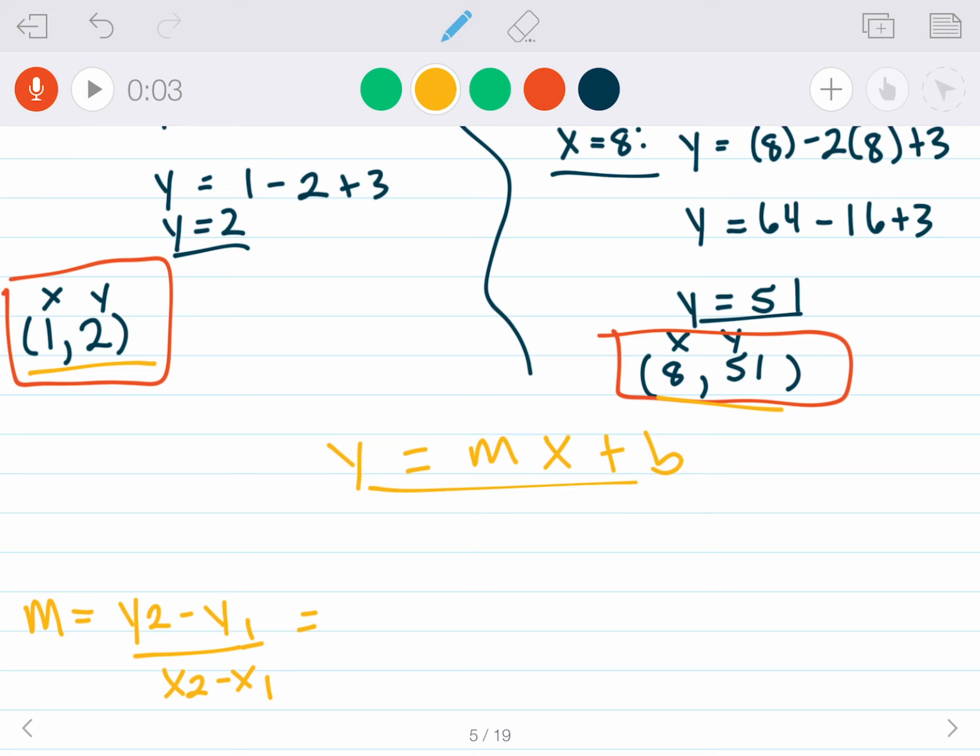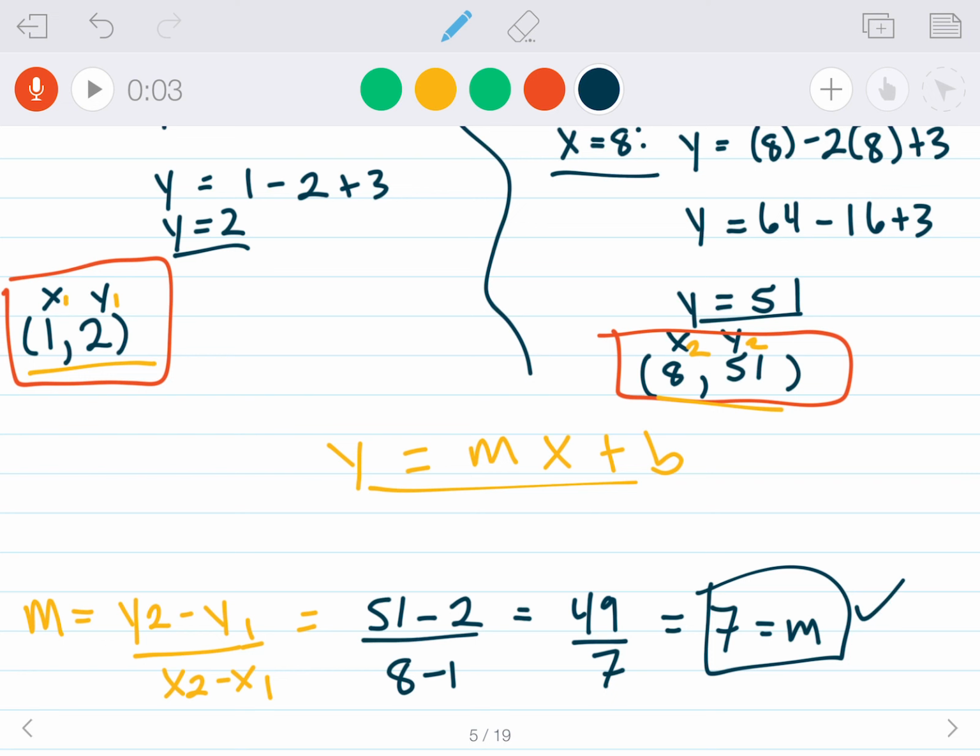I can call this one x1, y1, and this one x2, y2. Plugging everything in, I get 51 minus 2 over 8 minus 1, which is 49 over 7, which is 7. So m is equal to 7.